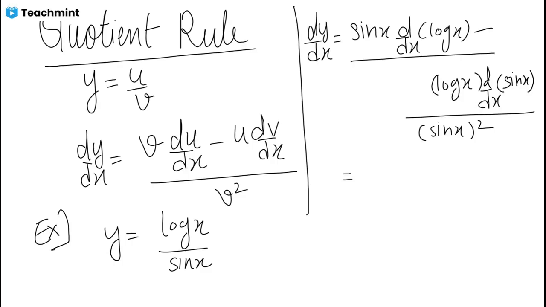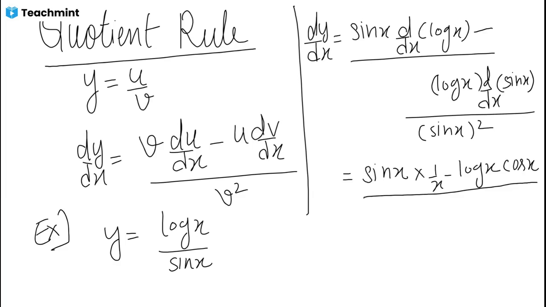So now let us use the formulas. Sin x written as such, and differentiation of log x is 1 upon x, minus log x, and differentiation of sin x is cos x. Are you getting this step? And into sin square x. So we can write it, let us simplify: sin x over x minus log x into cos x.